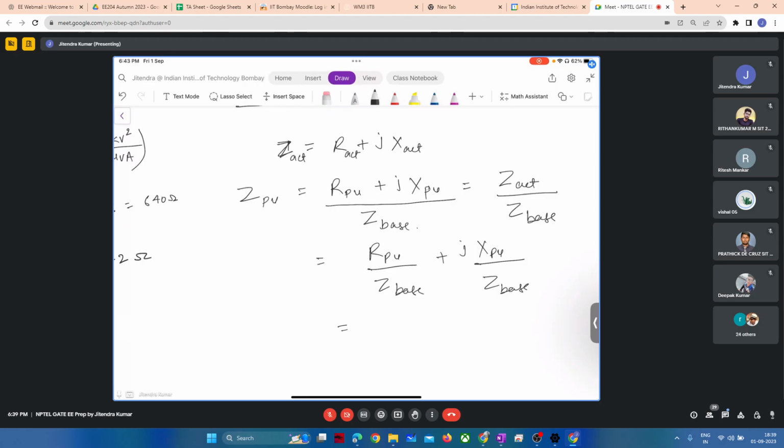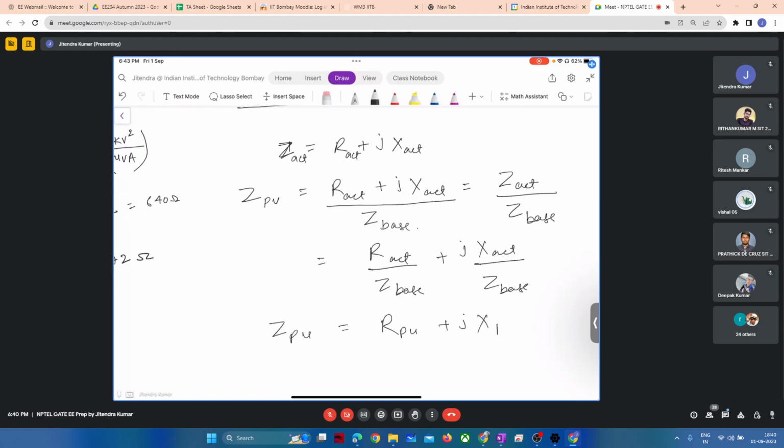Oh sorry, I did something wrong. Here it will be actual. So actual by base will give you the per unit. Here also it will be actual. Now you can write Z per unit equals R per unit plus jX per unit.